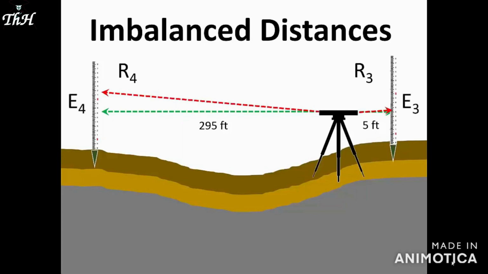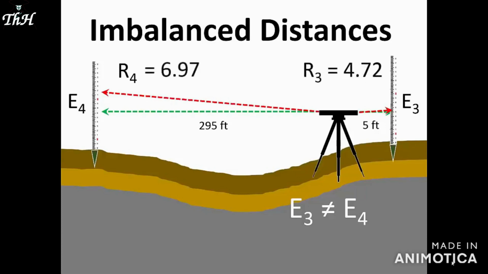But now notice that error 3 and error 4 are now very different due to the imbalanced distances. In fact, because the distance to R3 is so short, error E3 rounds off to 0 feet. Here in our example, reading R3 is 4.72 feet and reading R4 is 6.97 feet.